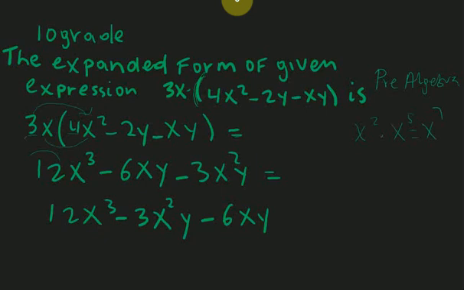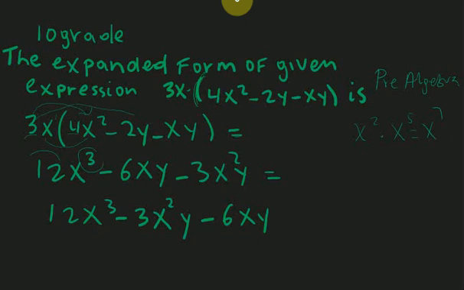So x has a 1, but normally nobody writes it, and so it's 3. 12x cubed. Now 3 times minus 2y, it becomes 3 times minus 2 is minus 6. x times y is xy.